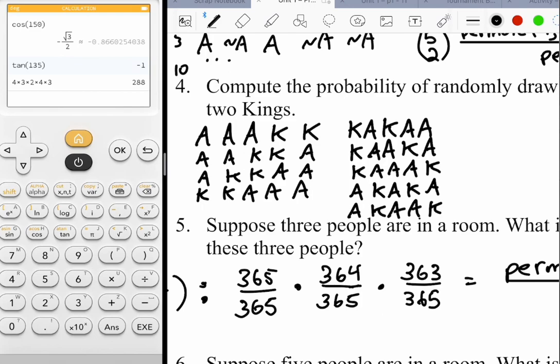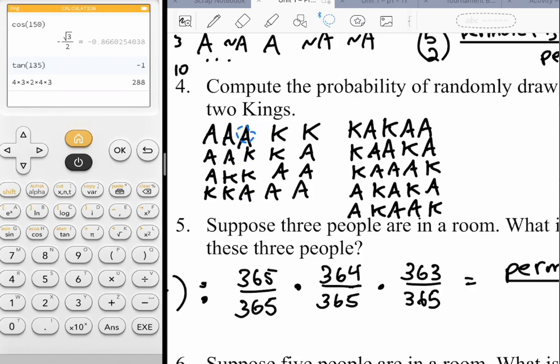Now, if you're kind of done with this, where you're like, all right, enough, then you're where I want you to be, because you don't always want to have to show the entire distribution. You just want to know how many elements make up the distribution. All right, so these are all the different ways that we could have aces and kings.